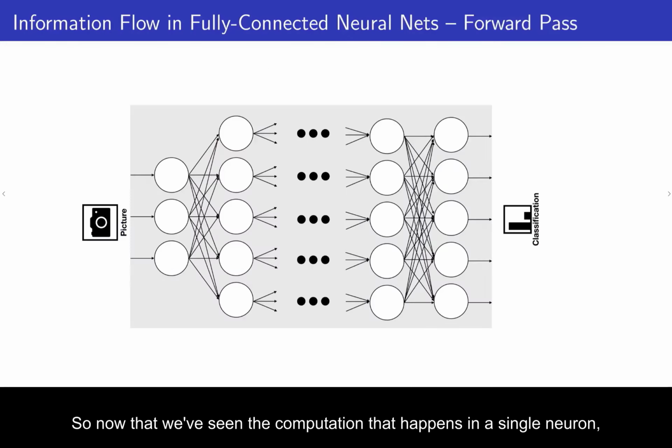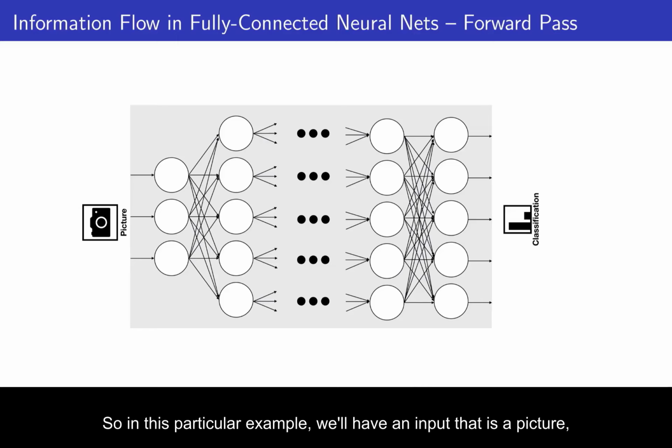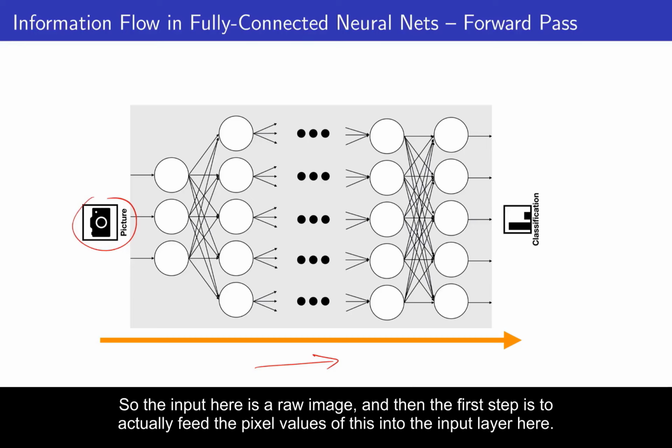So now that we've seen the computation that happens in a single neuron, let's see the information flow and how the computation is done in a simple, fully connected neural network. So in this particular example, we'll have an input that is a picture. And by the way, the information flow is here from left to right. So the input is on the left. So the input here is a raw image. And then the first step is to actually feed the pixel values of this into the input layer here.